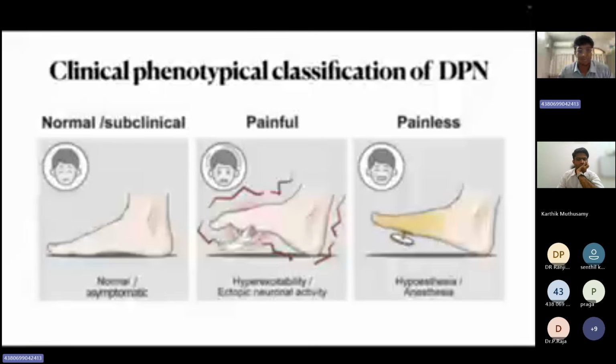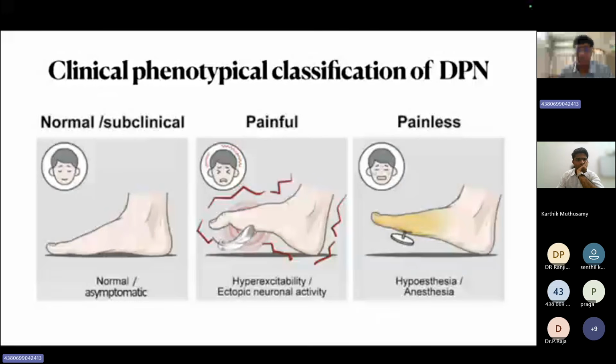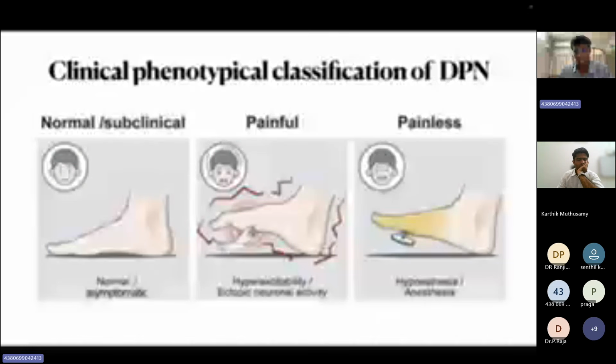So going into the clinical phenotypical classification of diabetic peripheral neuropathy, we classify it into three types: the subclinical type, the painful type, and the painless type. Usually in the subclinical type, the patient is asymptomatic, whereas in the painful type, there is hyperexcitability and ectopic neuronal activity, and in the painless type, the patient has hypoesthesia and anesthesia.